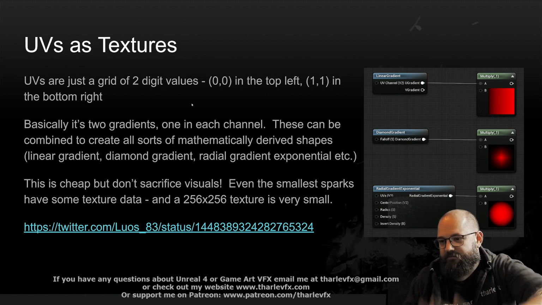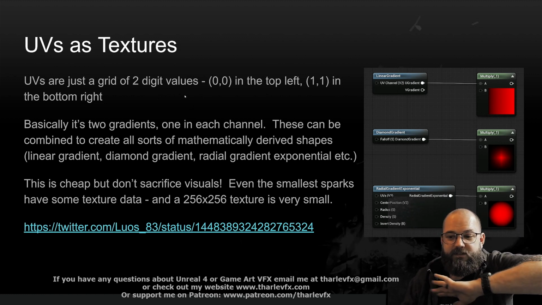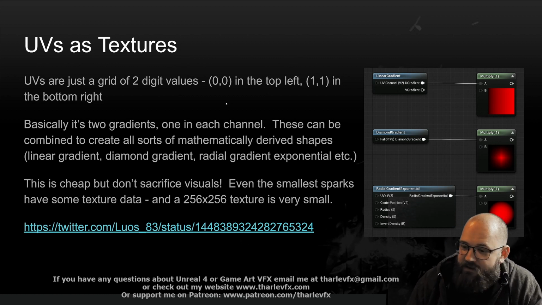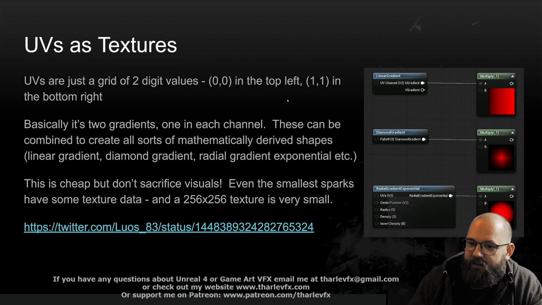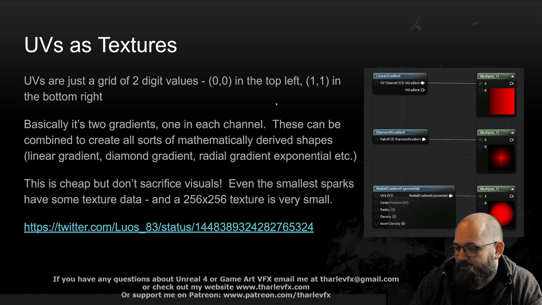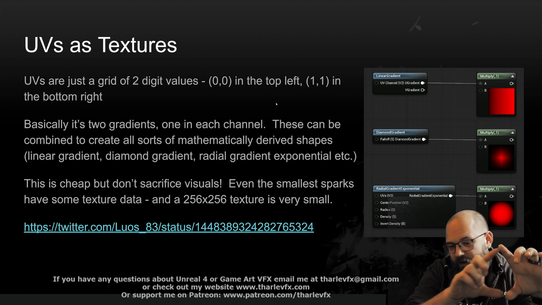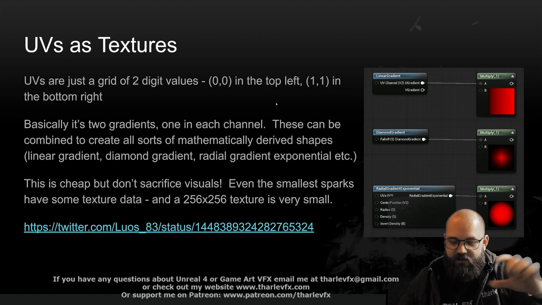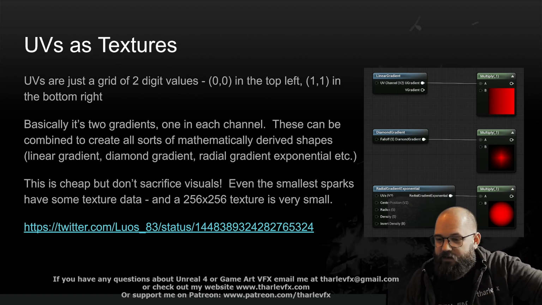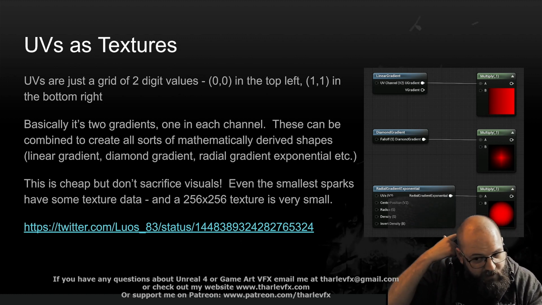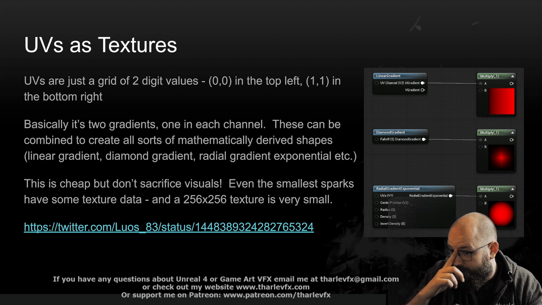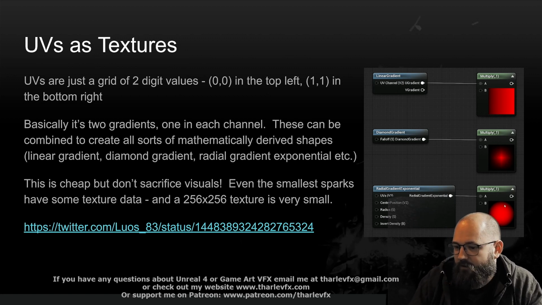Cool. So yes, gradients. We can use our UVs directly. We don't actually have to use textures. If you go back to our light shaft example right at the beginning, you might want a gradient that goes all the way down our light shaft. That can just be a gradient. We can take that from the UVs of the model if it's been aligned correctly. Let's say we wanted a circular falloff.